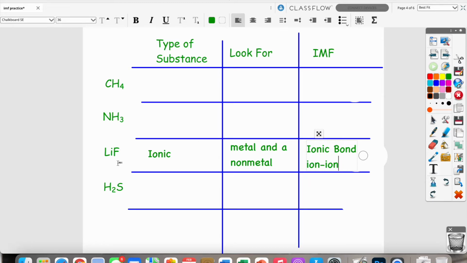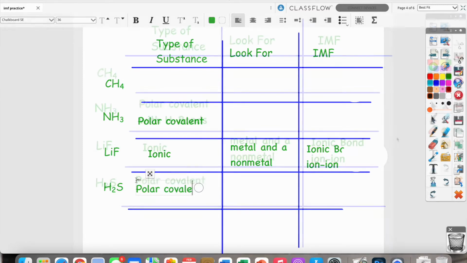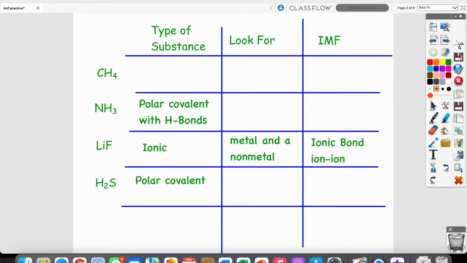And then we're looking for other things. Well, if we look for polar covalent, we can see that we have a polar covalent compound here, and here. To actually figure out whether H2S is polar or non-polar, we have to actually draw it.